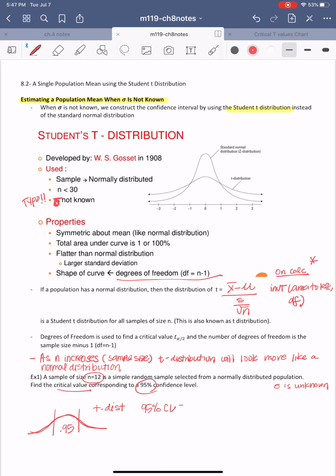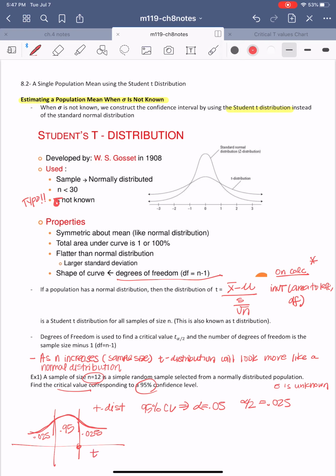95% confidence level means alpha value 0.05, so each tail has 0.025, so you have to calculate this right over here.